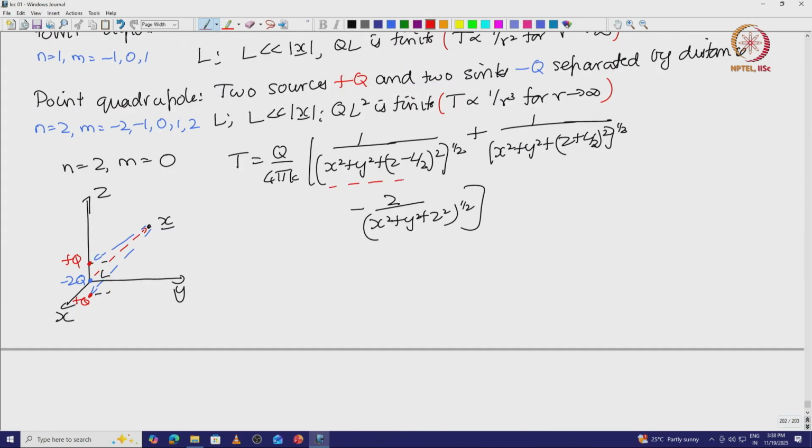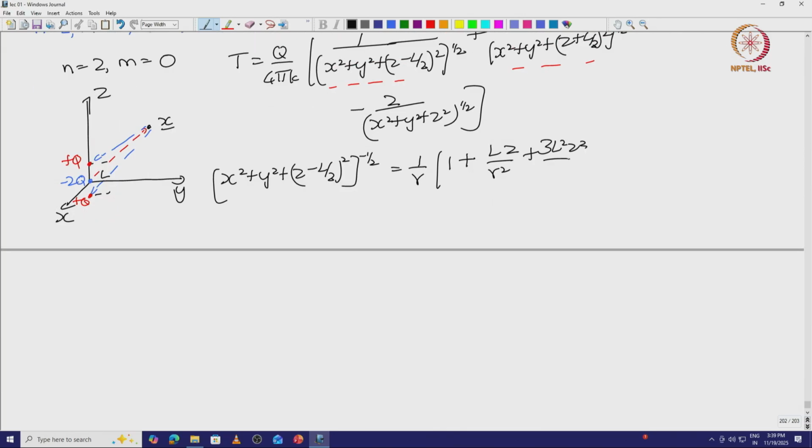And recall that for each of these we had used an expansion. The expansion was that x square plus y square plus z minus L by 2 the whole square, whole power minus half, is equal to 1 by r into 1 plus L z by r square plus 3 L square z square by 8 r power 4 minus L square by 8 r square.